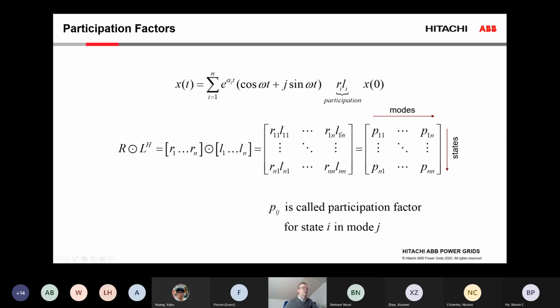You can calculate another matrix with participation factors, and these participation factors have a very nice physical interpretation, because you can use that as a measure of how much each dynamic state participates in a resonance mode.